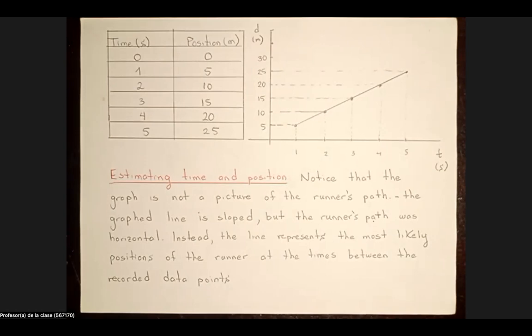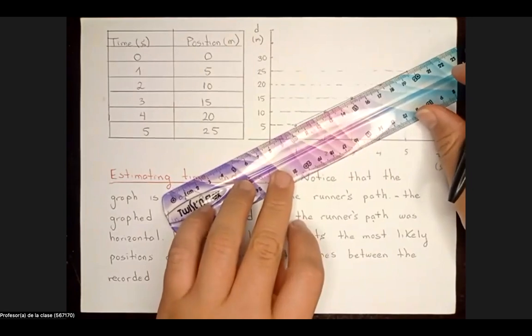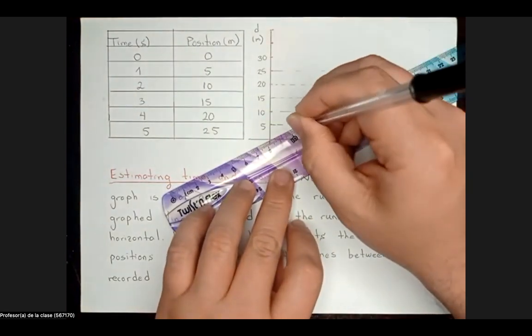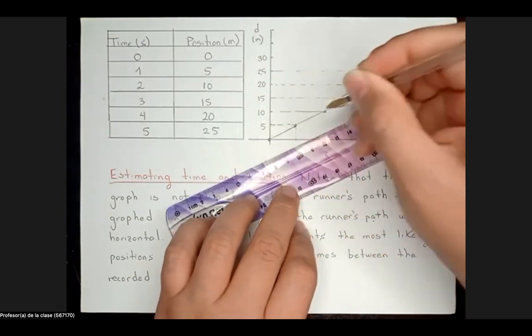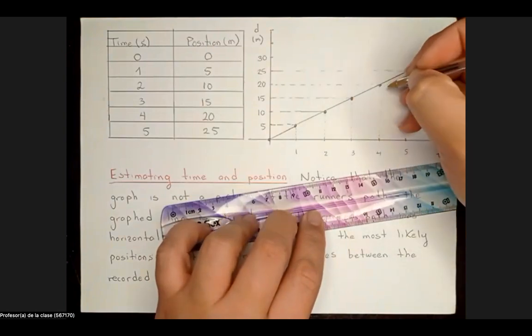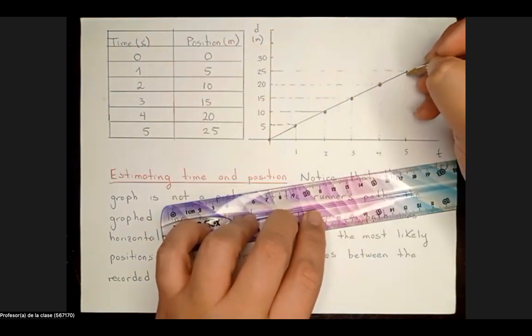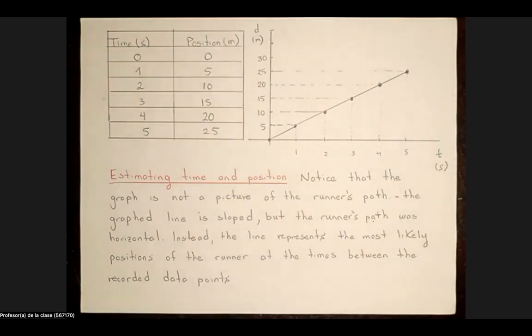Yeah, we can do it now. 0 and 0. Okay, so there it is. 0 and 0. 1 and 5. 2 and 10. 3 and 15. 4 and 20. And 5 and 25. Okay, so that is going to be a graph, a position time graph.